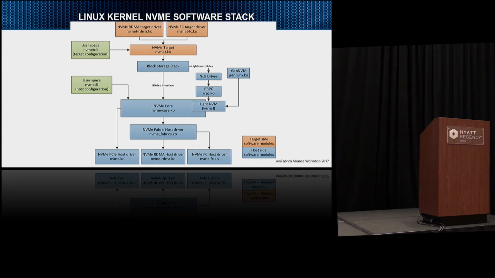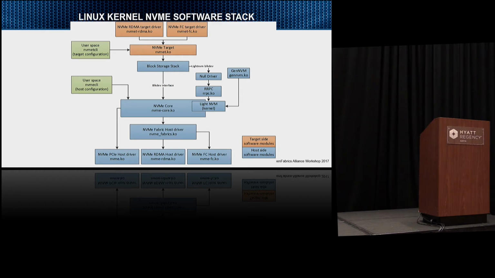What it means is that the NVMe target driver can take benefit of any of the block storage available on the system, which means it could be an NVMe drive, or a standard SATA drive, or traditional rotating media, or device mapper based storage devices.